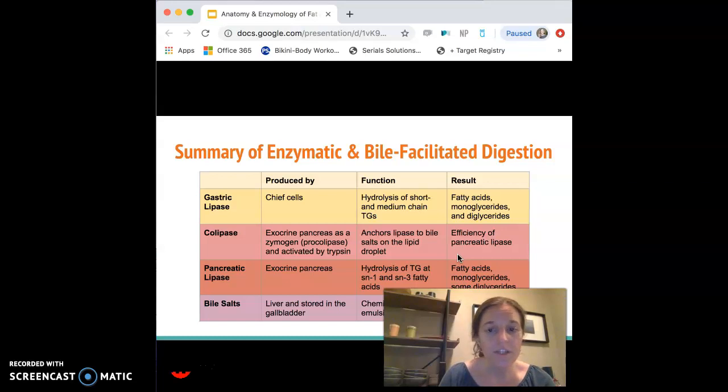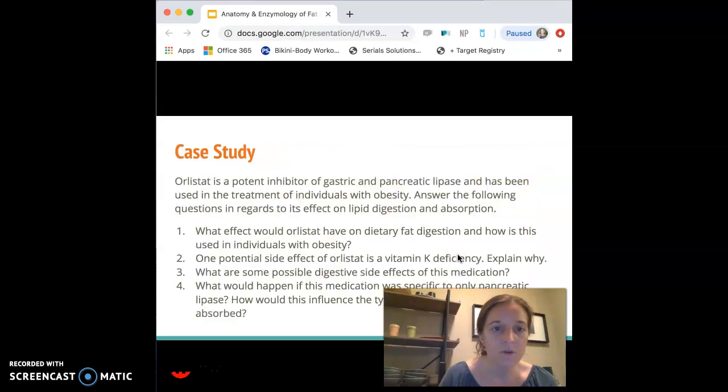Next we are going to go to our case study, where we will explore and apply these concepts to a specific situation. Orlistat is a medication that has been used as a part of a treatment for individuals with obesity. It works as a potent inhibitor of gastric and pancreatic lipase.